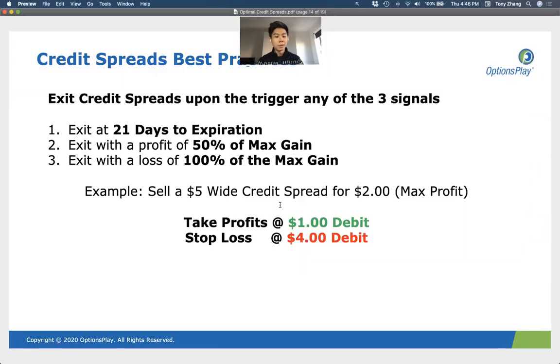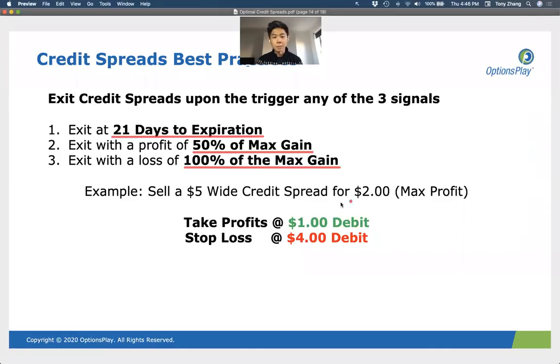Number 1, if you get to 21 days to expiration, that's the first trigger. The second trigger is if you've made 50% of the max gain. And the third trigger is if you've lost 100% of the max gain.